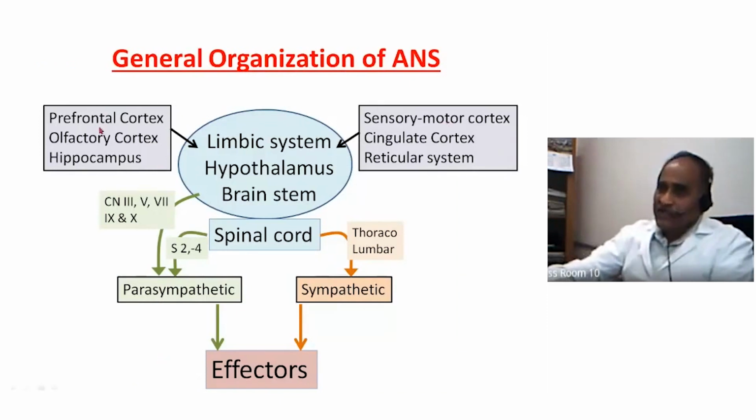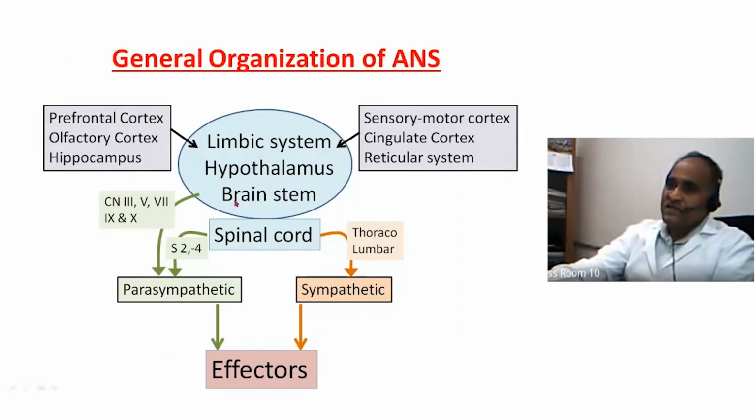Here I broadly mention the organization of the autonomic nervous system. The main centers are located in the brainstem, that is the cranial nerve nuclei, and in the spinal cord. From the brainstem, you have the cranial nerves 3rd, 7th, 9th, and 10th. They act as parasympathetic and supply the effectors. And in the effector, they make the postganglionic fibers.